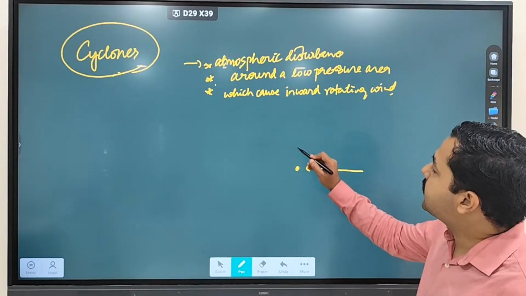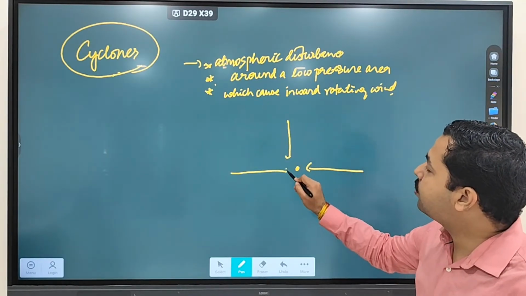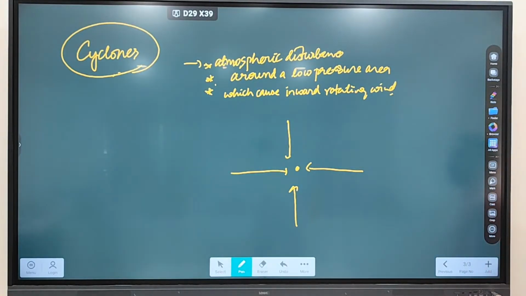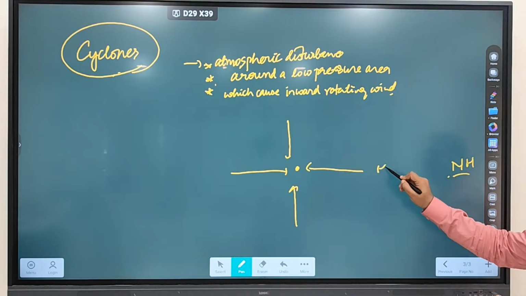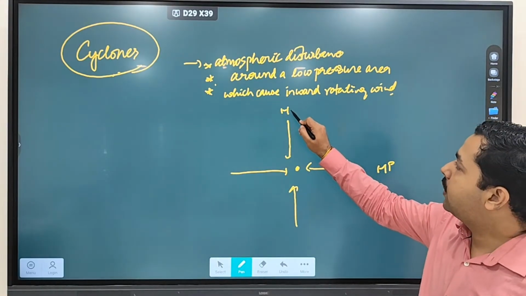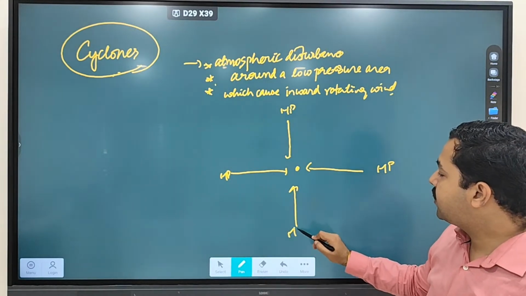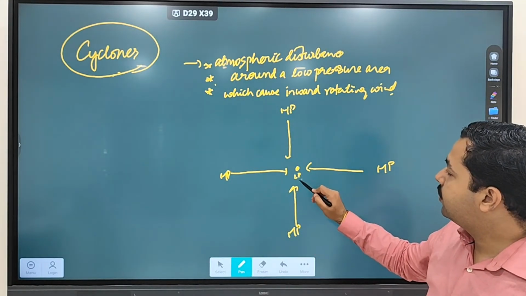So as we discussed, let's say wind is coming like this around the low pressure center, and we are talking about the northern hemisphere. So you know that this is a high pressure zone and this is a low pressure zone.